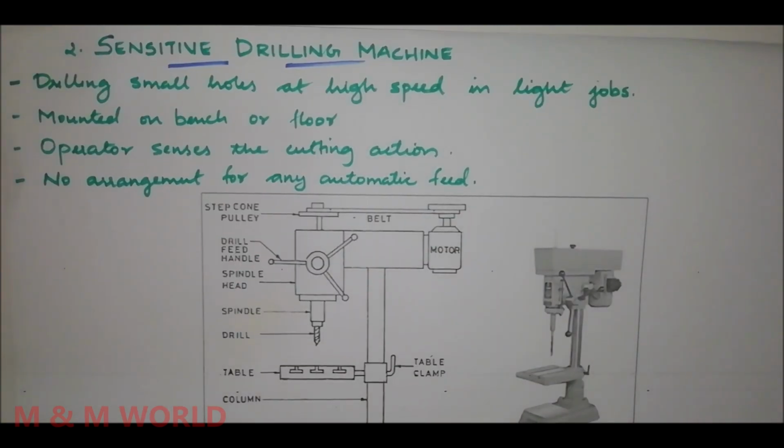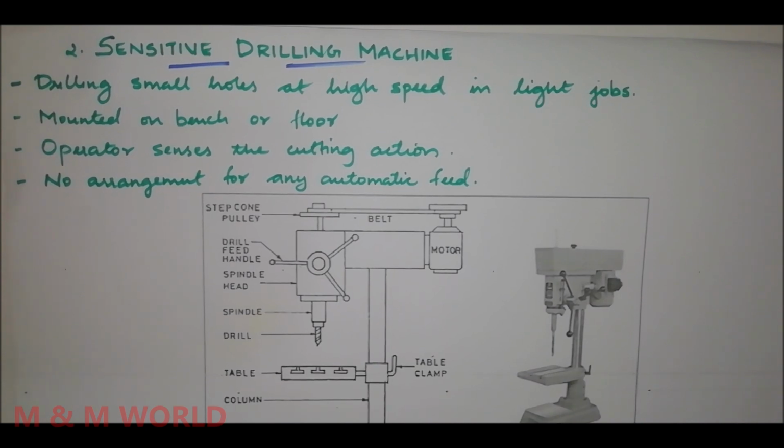Second one is sensitive drilling machine. A sensitive drilling machine is a small machine designed for drilling small holes at high speeds in light jobs.